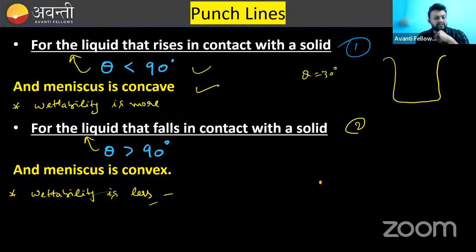Tell me whether the meniscus will be concave or convex, whether the liquid will rise or fall. Theta is what? Angle of contact. If the angle of contact is less than 90, then the liquid will rise in the solid, so the shape will be concave. Clear?